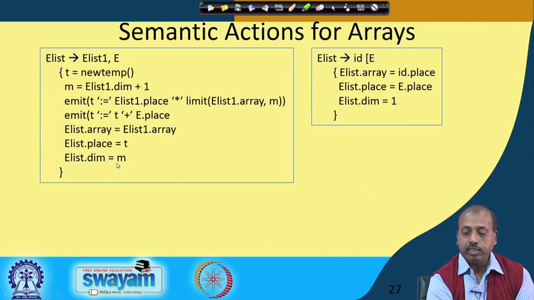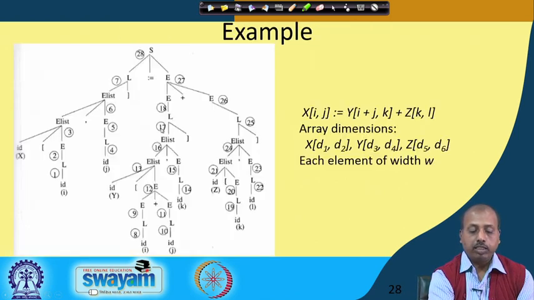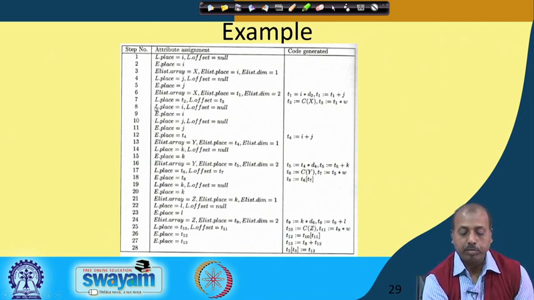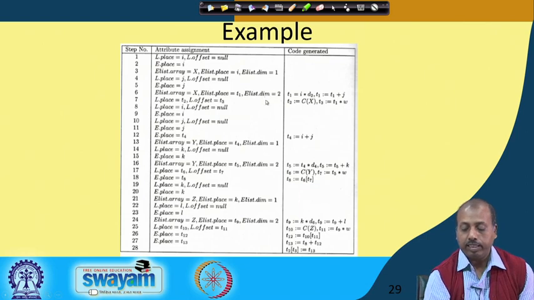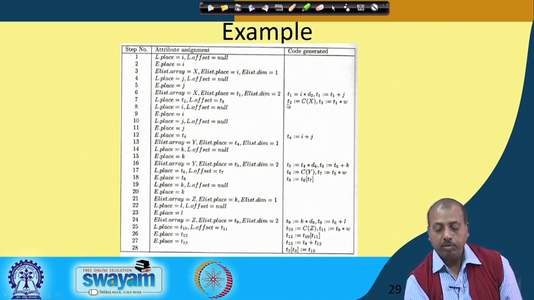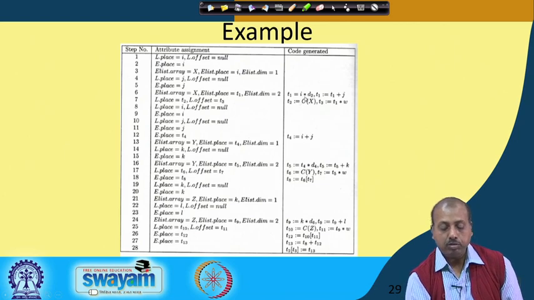So, for that E list comma E, this is the rule. I have to get a new temporary variable, the number of dimensions is to be incremented, then it will generate this type of code. So, what is done here, you see at step number 6, E list dot array is the name of the array coming from E list 1 dot array. Now, E list dot place equal to T 1, a new temporary, and the dimension increases by 1 more, that is 2, and then T 1 equal to I into D 2.